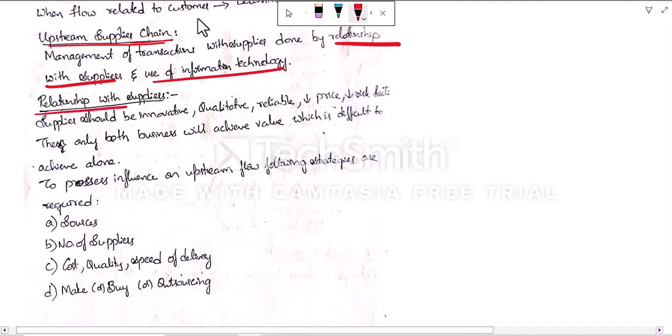How does the relation with the supplier help? We should select the suppliers who are innovative, qualitative, reliable, and give a low price and low risk factor. Then only both businesses will achieve the value, which is difficult to achieve alone.